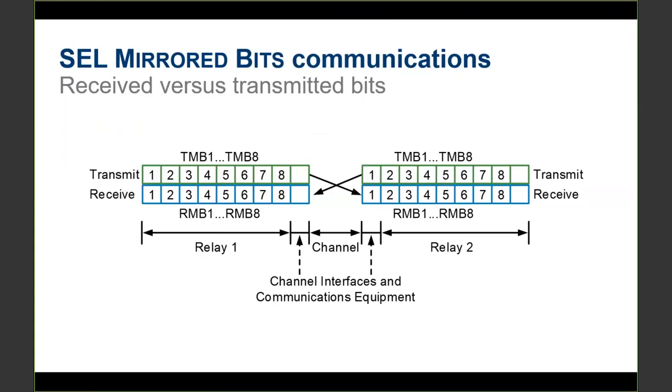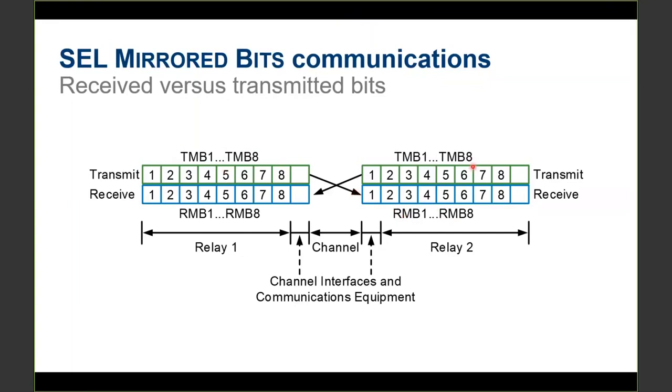So for example, in these 2 relays here, the relay on my left sends the 8 bits associated with these word bits TMB1 to TMB8 to the other relay, and the other relay will receive this information and associate it in 8 virtual inputs, the RMB1 to RMB8, and these RMB variables will reflect the status of these TMBs.